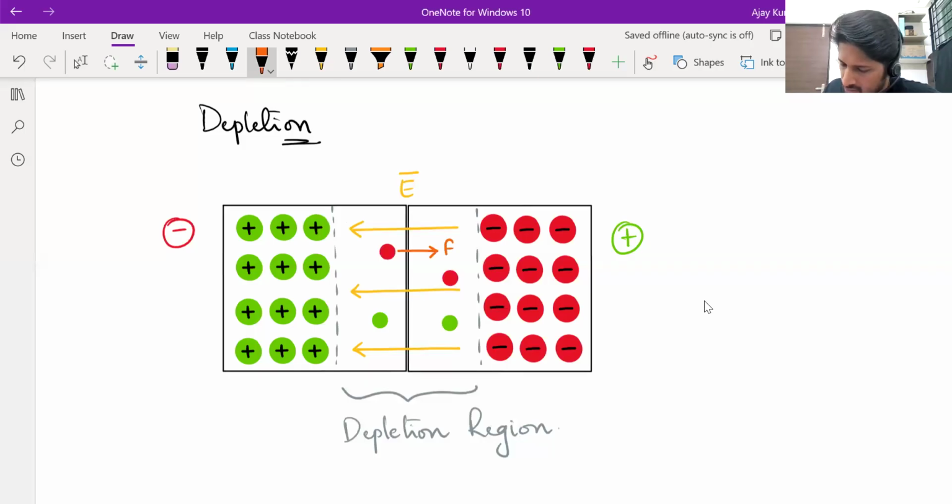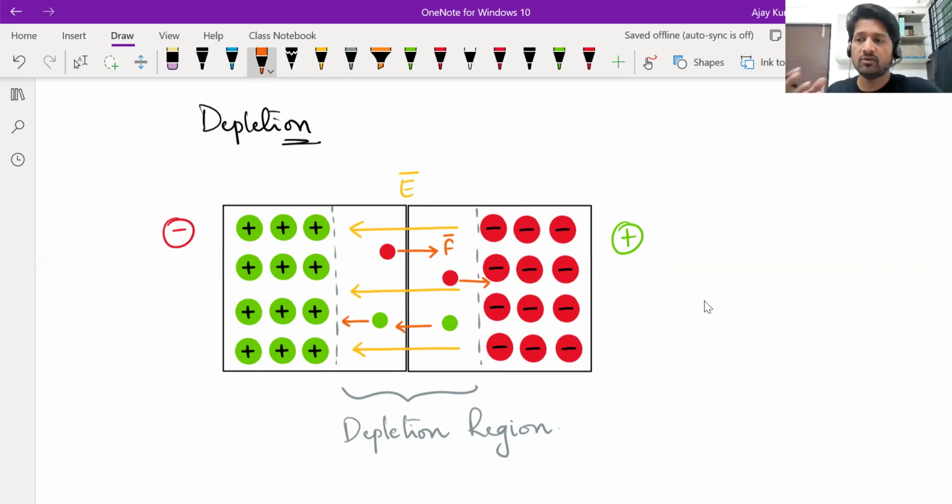So what it tends to do is bring back the electrons from p side to n side, and it will exert a force on the holes this way. Holes will experience force in the same direction as electric field. Electrons will experience force in the opposite direction to electric field. So the electric field in the depletion region tends to bring electrons back to the n side and push holes back to the p side.